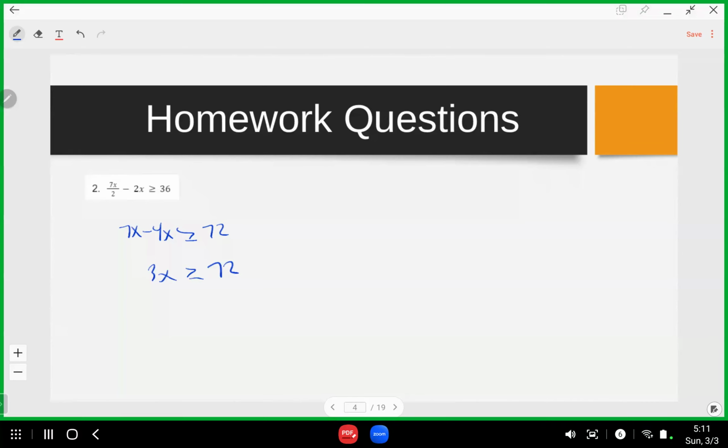So I divide by 3 to get x greater than or equal to 24. And it's a closed circle and move to the right. And then the interval notation is 24 to infinity with bracket. There you go. Very good.